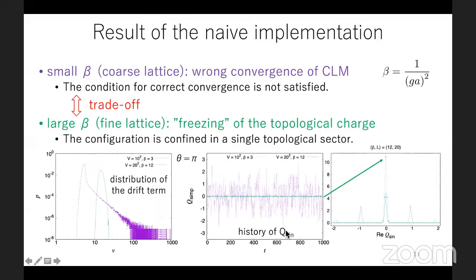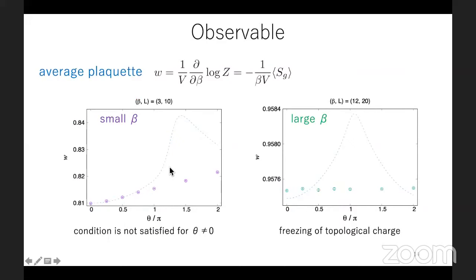So we show the observable for these results. I choose the average plaquette as the observable, defined like this. It is like an action density. We plot the simulation data and also the analytic solution by the dashed line.